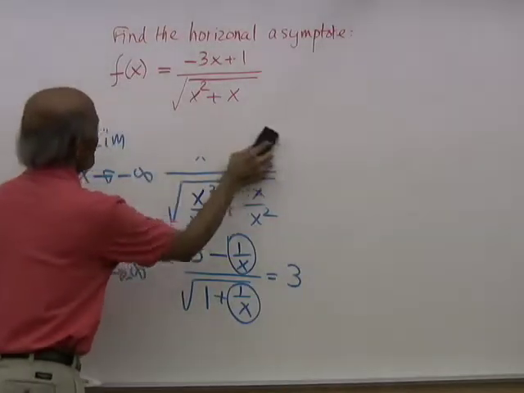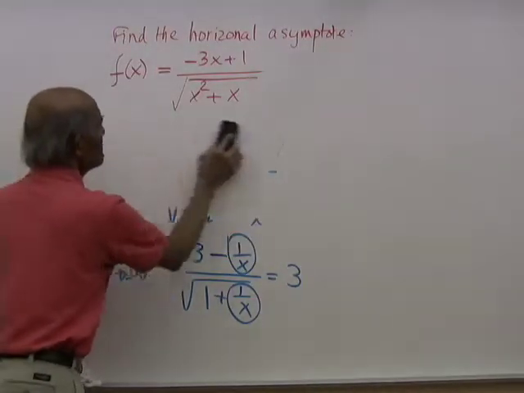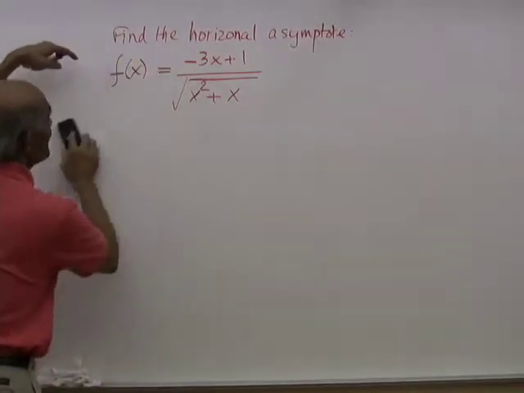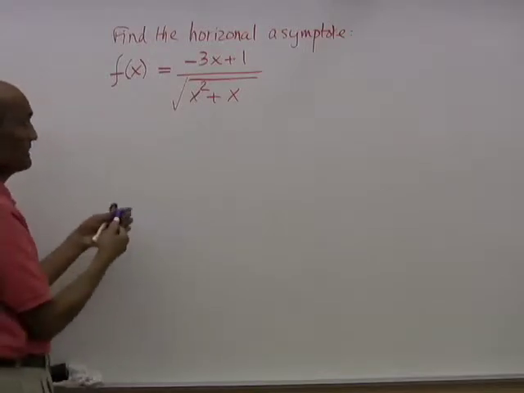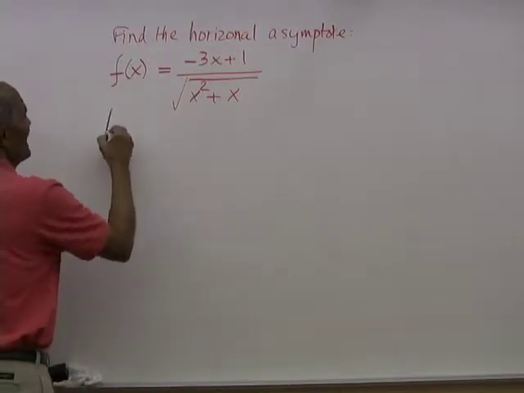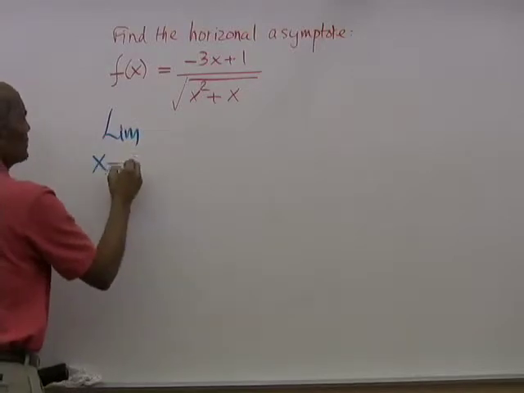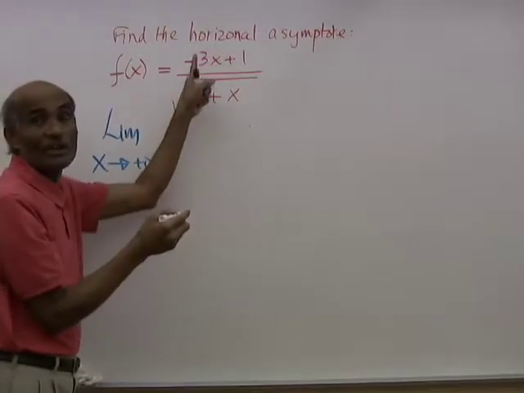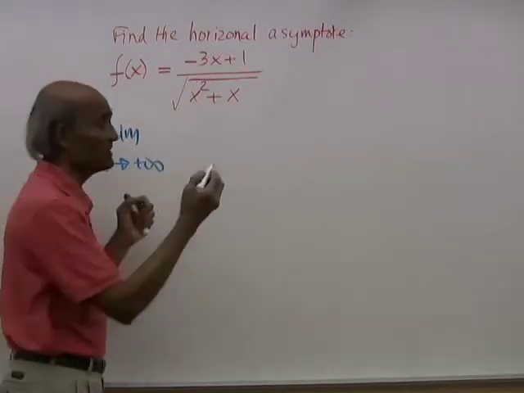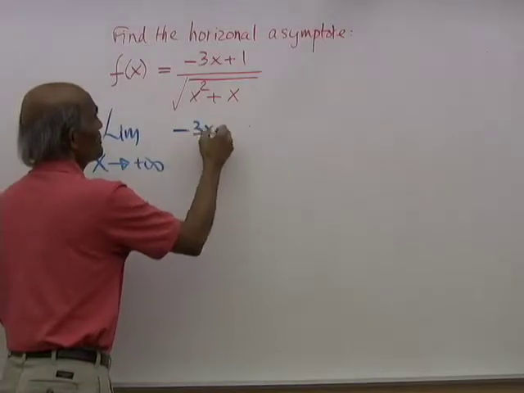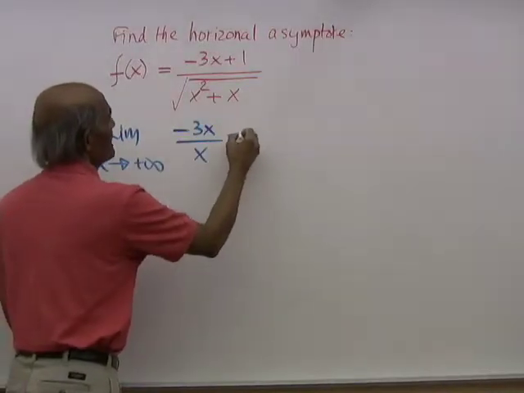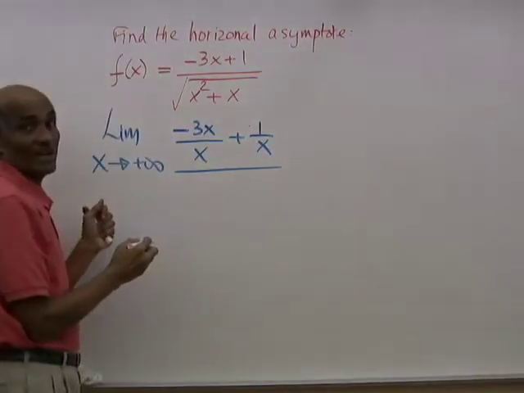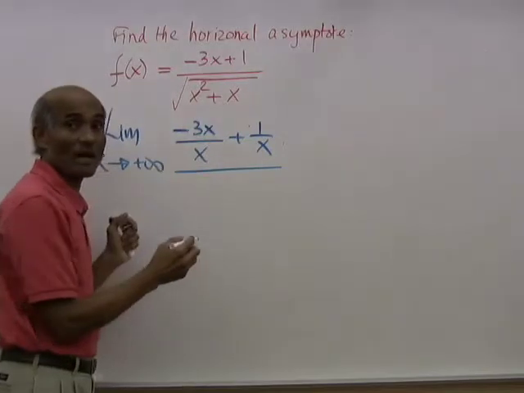Let's find the limiting value of this function when x goes to positive infinity. That is, limit x goes to positive infinity of this, divide each term by positive x. It will be negative 3x divided by x plus 1 over x all over, and now we are dividing the denominator by x.